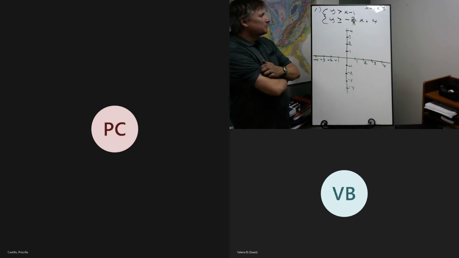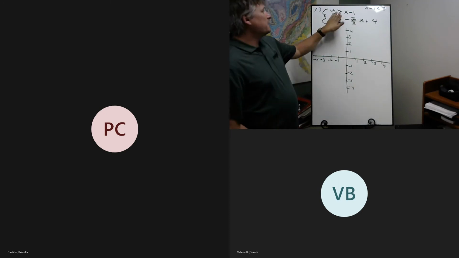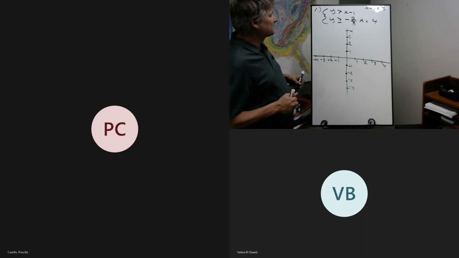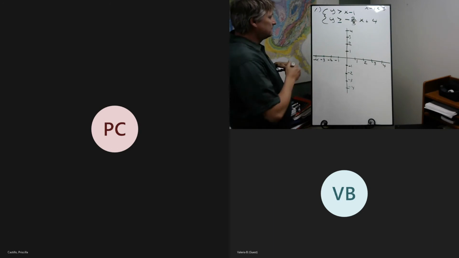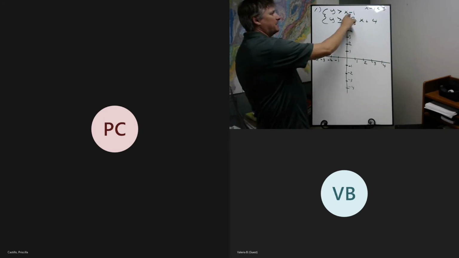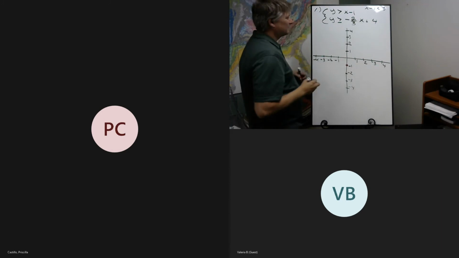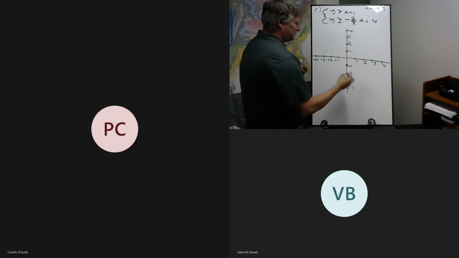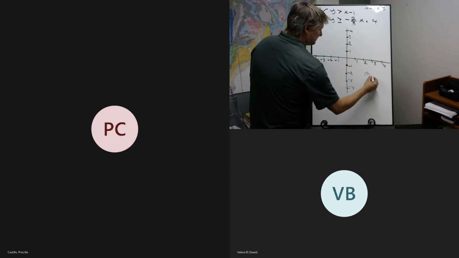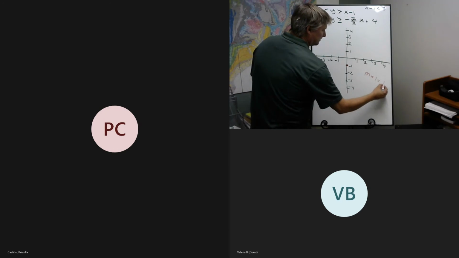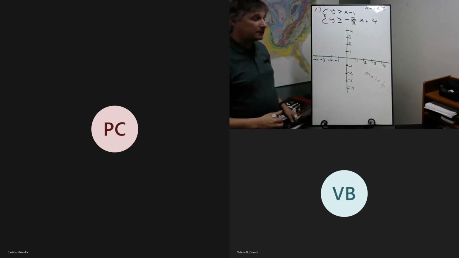So we're going to graph as if this is y equals x minus 1. So this is our mx and our b, so b is minus 1. Our m is going to be 1, or 1 over 1.